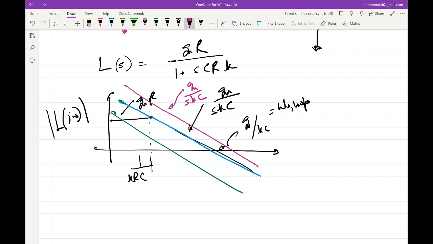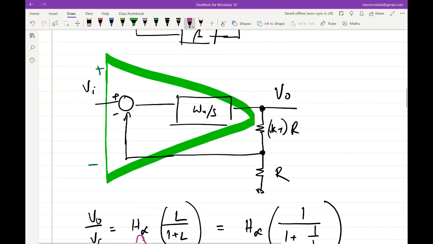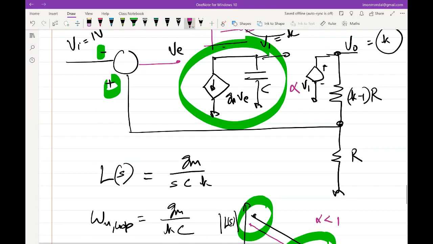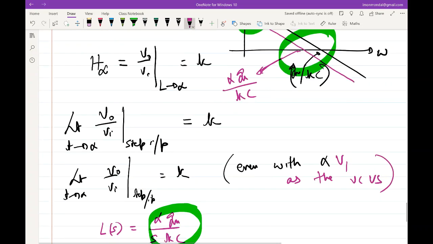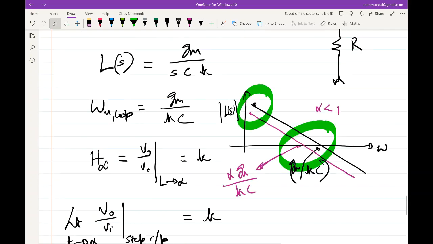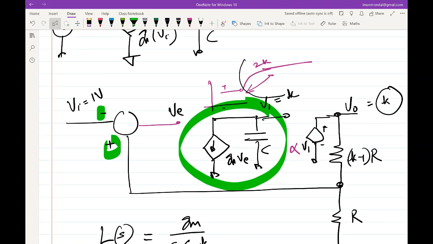Okay. So let me go back to the old one. So the L of S in that case was alpha GM by SKC. Okay. So we had the buffering, we had broken the loop.